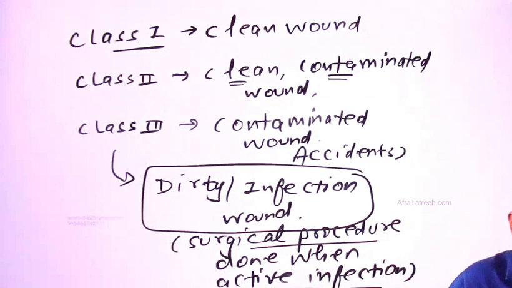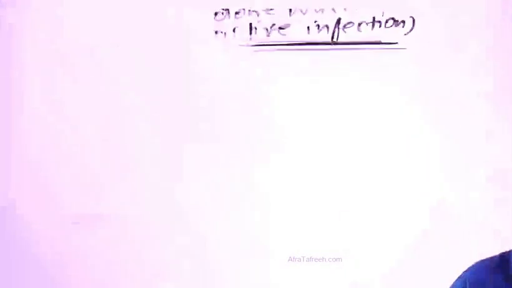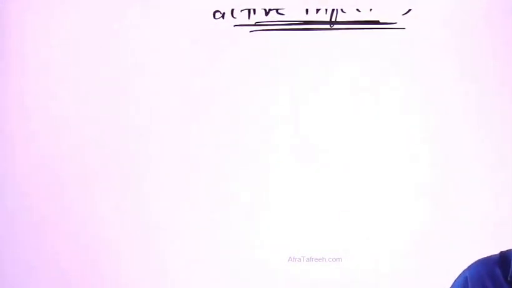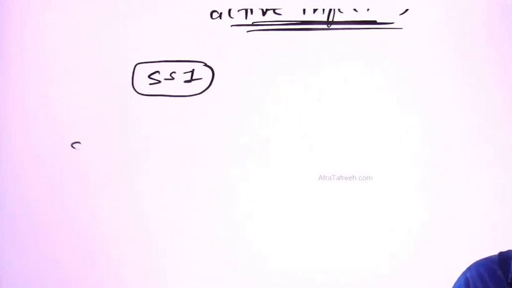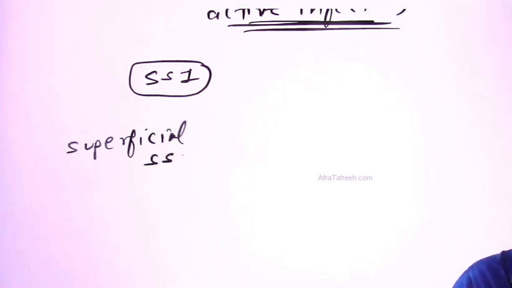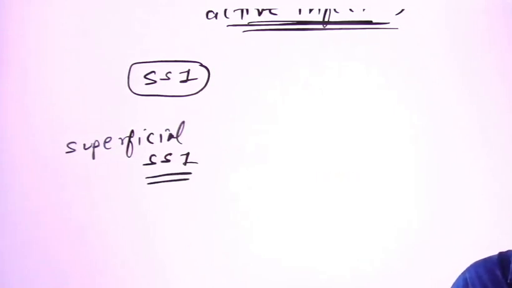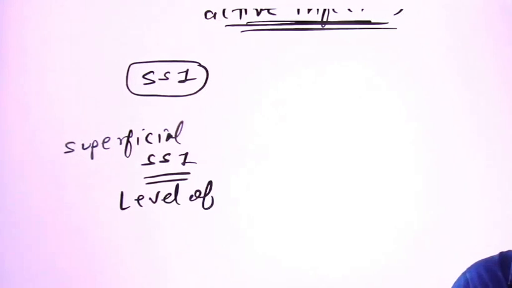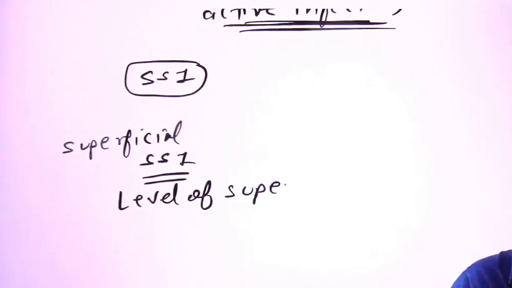Okay, so these are there. Other than that, the other classification of surgical site infection you can remember is superficial SSI and deep SSI. As the name suggests, superficial SSI is at the level of the superficial incisional site.